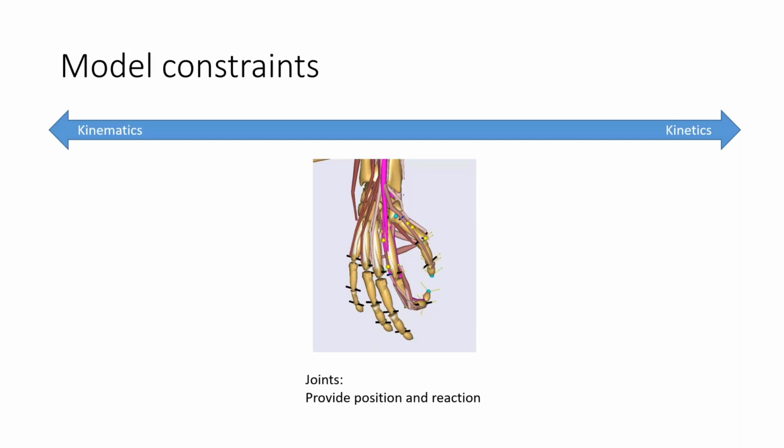But it's also a force provider, because in order to keep those two bones together, the joint has to provide reaction forces so that the two bones don't come apart, regardless of what external forces are working on them. And this is the way it is in reality. Joints would provide kinematics, and they would also provide reaction forces.